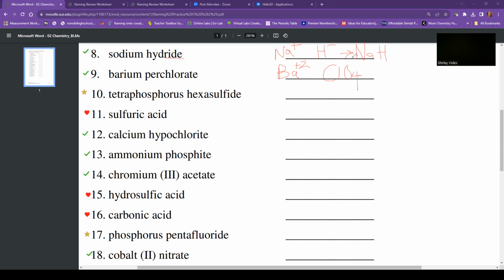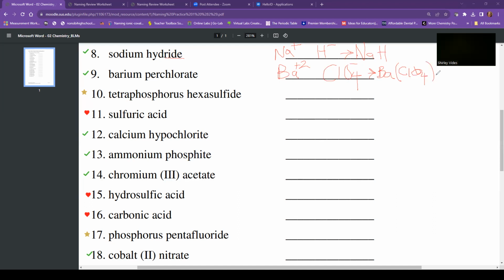Like I said, I'm writing not with my fingers, so it fits a little better. All right, so crisscrossing, this gives the barium the 1, and the perchlorate gets the 2 from the barium. So ClO4 negative, and that is it.